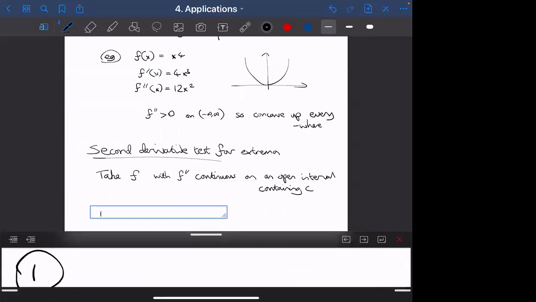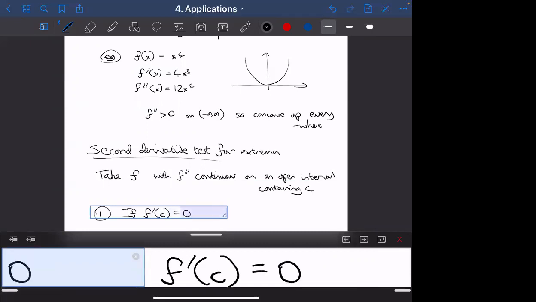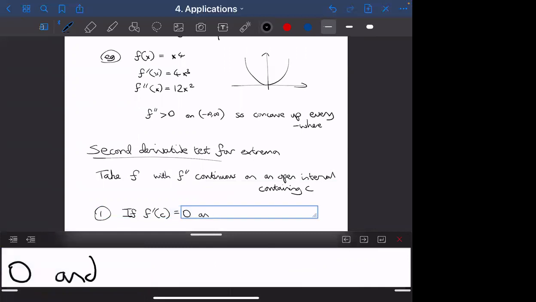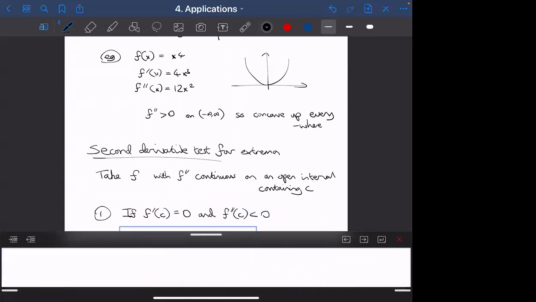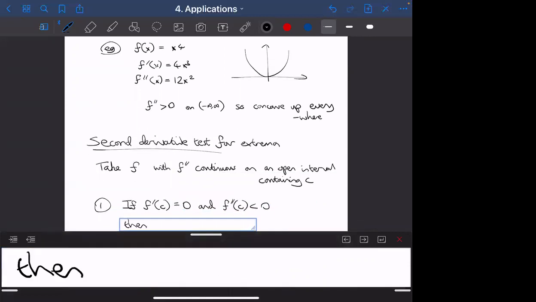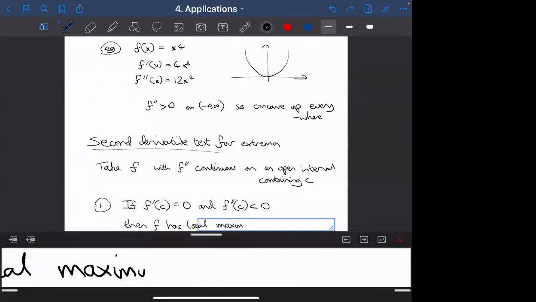Then 1, if f prime c is 0 and the second derivative is less than 0, then f has a local maximum at x equals c.